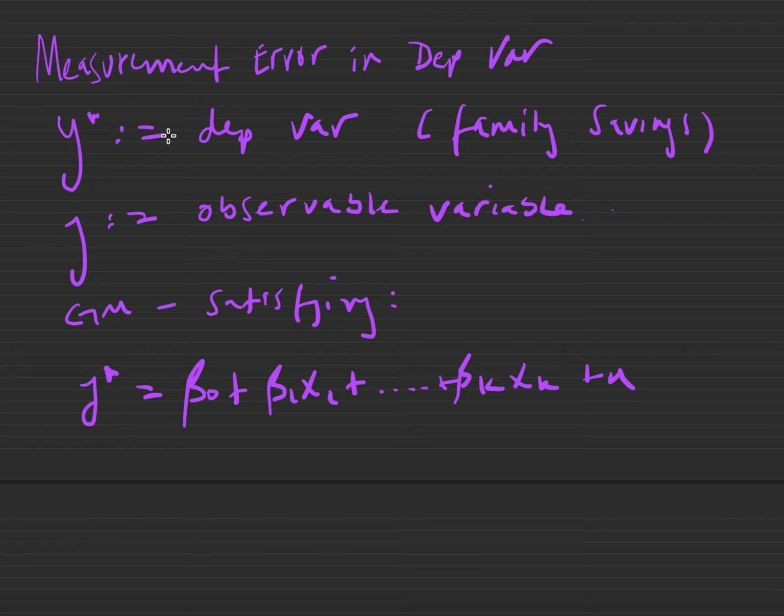All right, so y star, that unobserved dependent variable, is the variable in the population regression function. Let's define the measurement error e0 as y minus y star, so the difference between the observable variable, like self-reported family savings, minus the actual family savings.